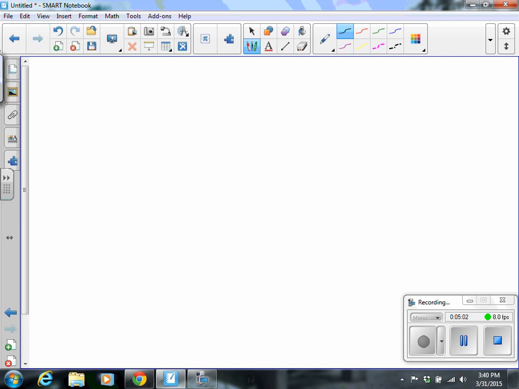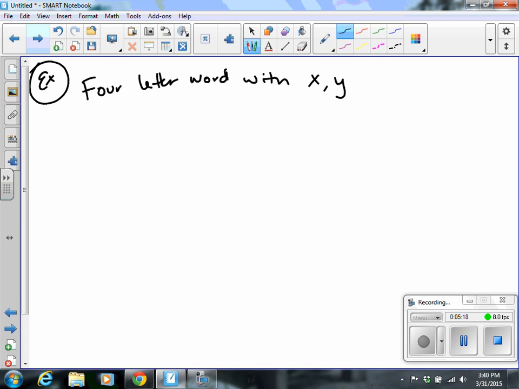So let's say that I need to make a 4-letter word with X, Y, Z, and repeats are allowed. Okay, so what does this mean? This means instead of drawing out my tree diagram, I can just multiply it and be done with it.